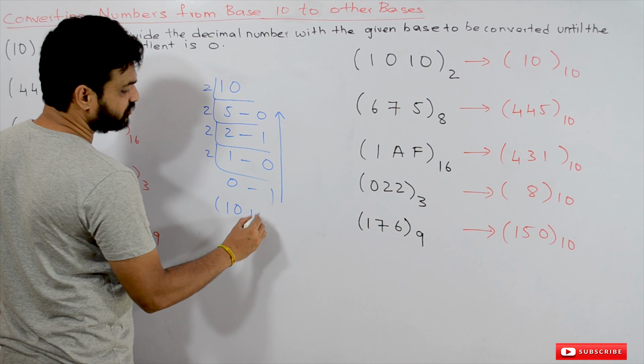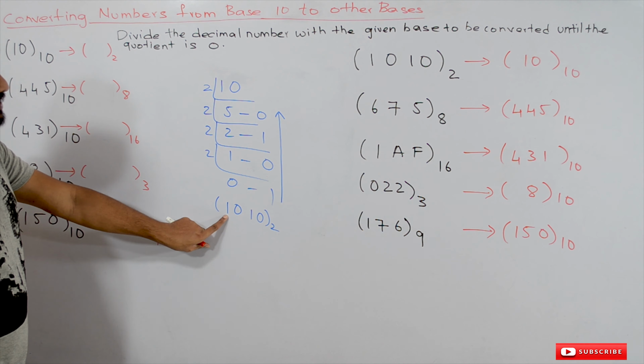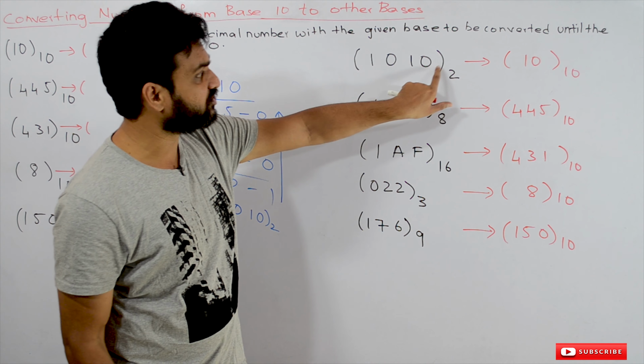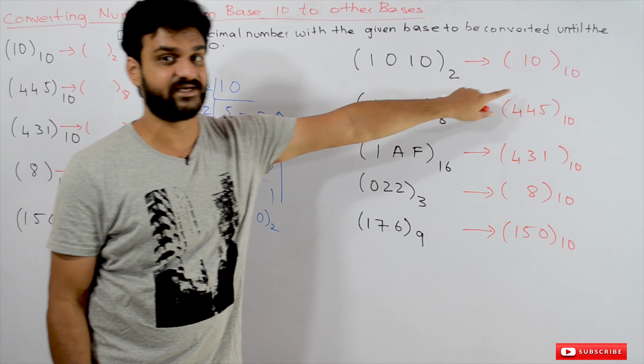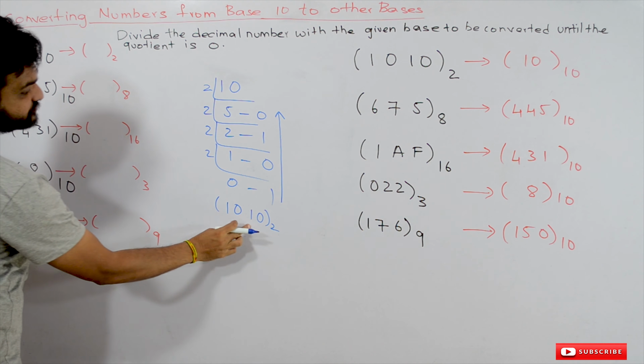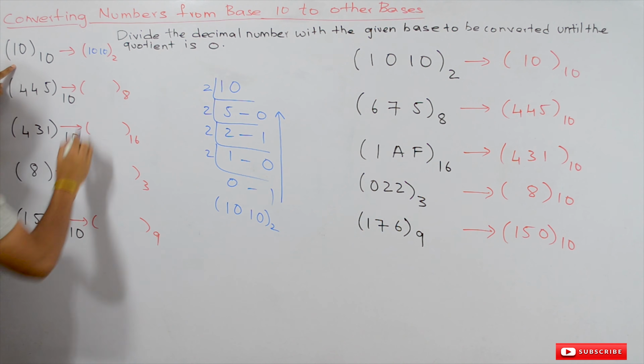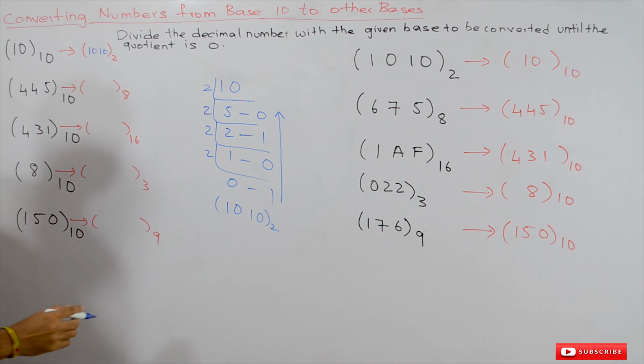It is 1010 in base 2. So 1010 in base 2 converts to decimal as 10. Similarly, 10 has been converted to binary as 1010. So the decimal to binary conversion of 10 is 1010.